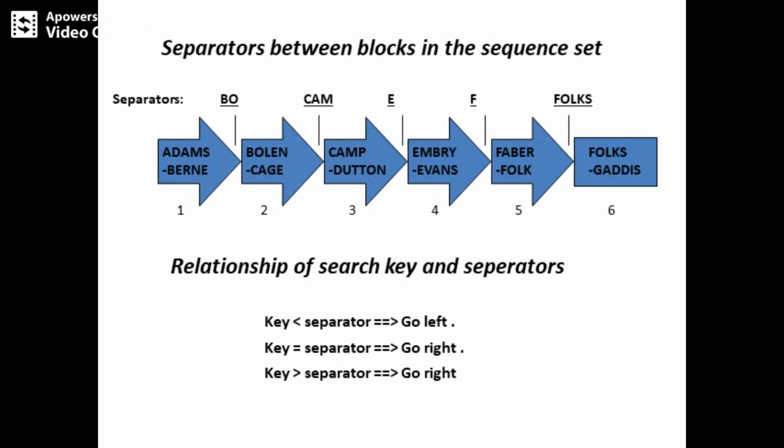I go to block 3 itself, because block 2 has the things which are less than CAM, and block 3 has the things which are greater than or equal to CAM. So if you have the key CAM, obviously it will be in block 3. So this is the separator between blocks in the sequence set.